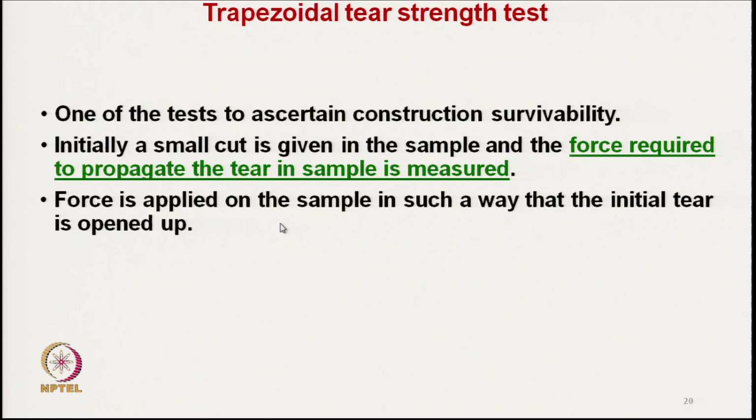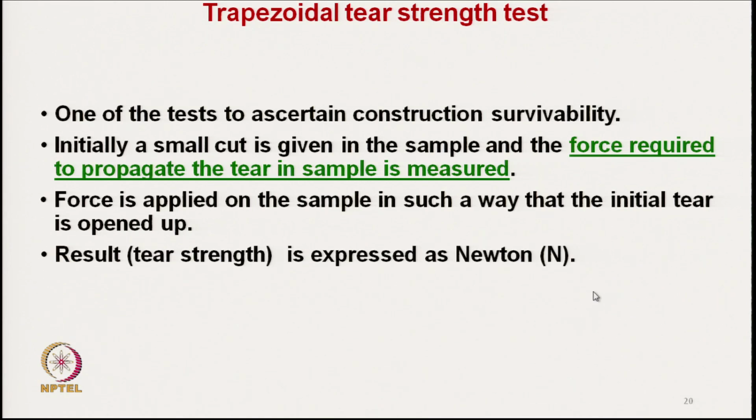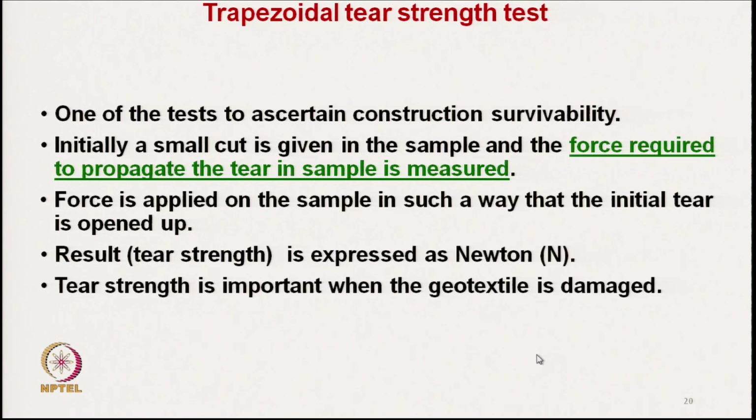The force is applied on the sample in such a way that the initial tear opens up, and the result is expressed in Newton. The tear strength is important when geotextile is damaged. During laying or during use, some portions will be damaged, and we need higher tear strength so that it can prevent the propagation.